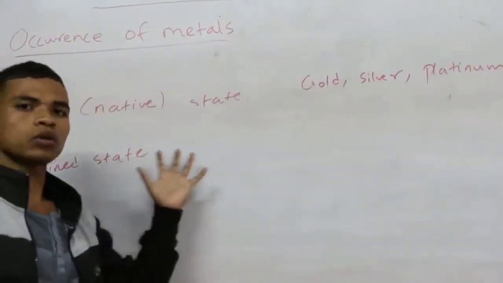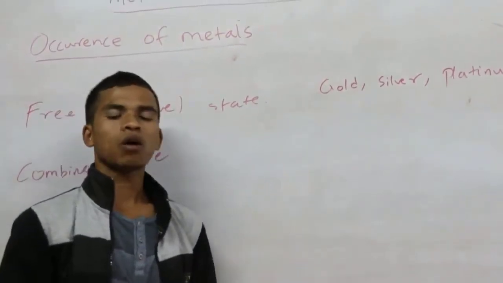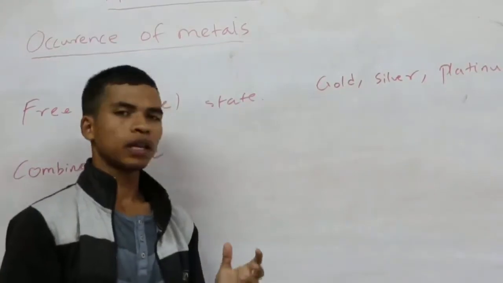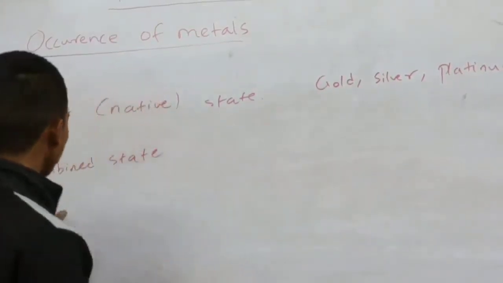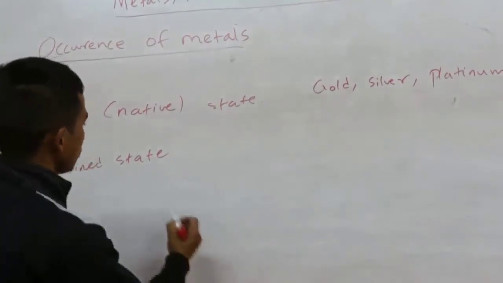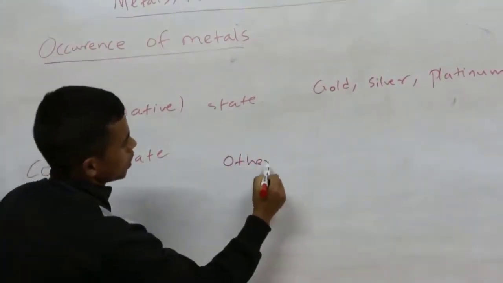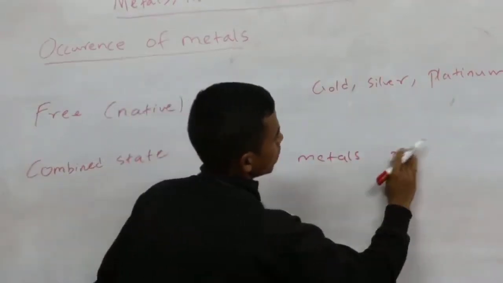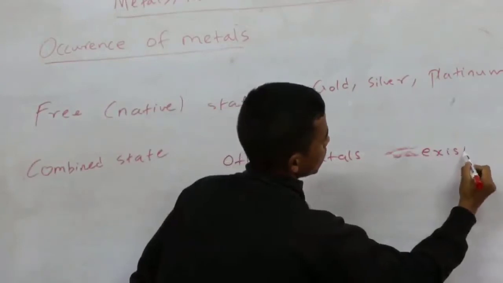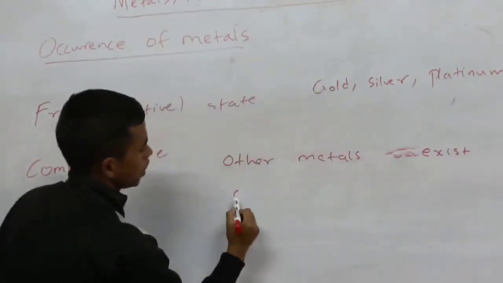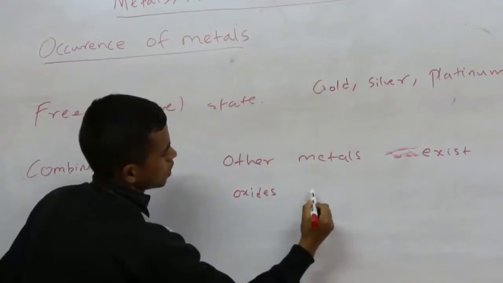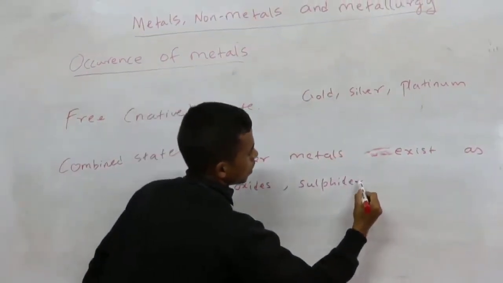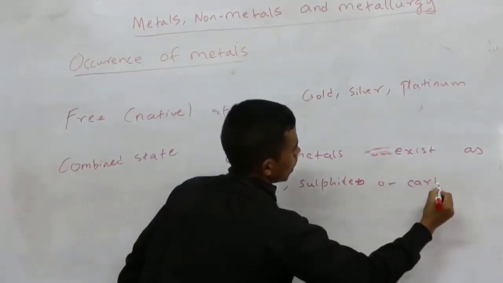Whereas most of the other metals occur in the combined state, that is, they combine with other elements. And the other metals exist or occur as oxides, sulfides, or carbonates.